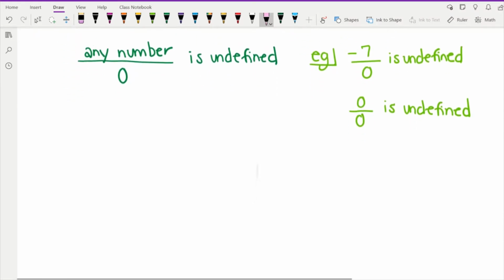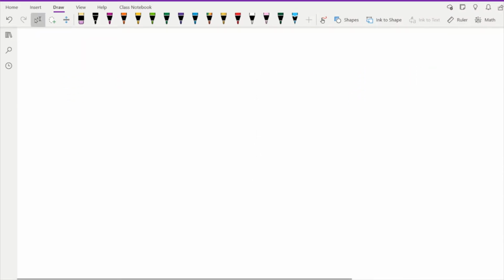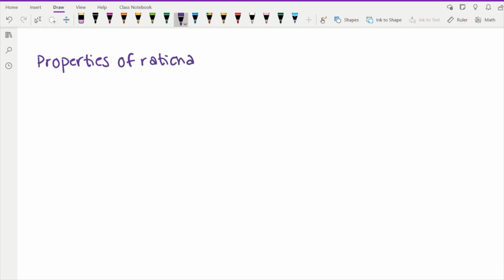Okay, so now we're going to see kind of how this connects to rational functions. So I'll say properties of rational functions. Okay, so first thing I want to mention, and this is something that we've already discussed, I brought it up in the last video and we actually saw it at the beginning of the quarter when we talked about domains, is the fact that when is a rational function undefined?